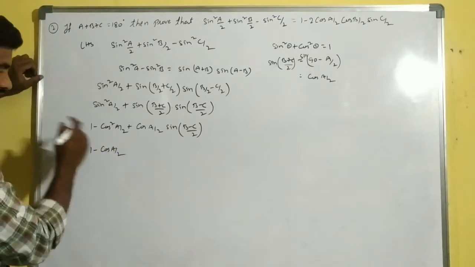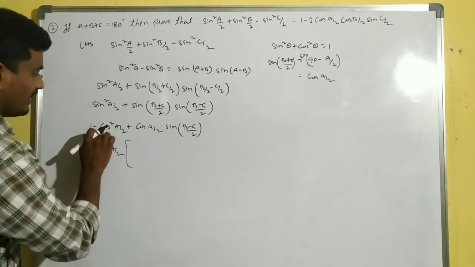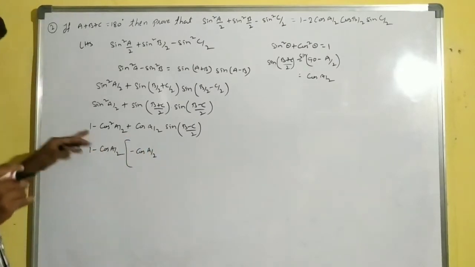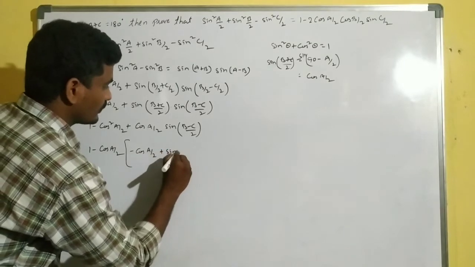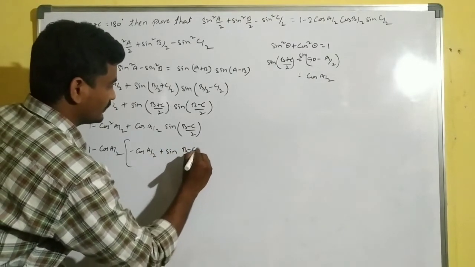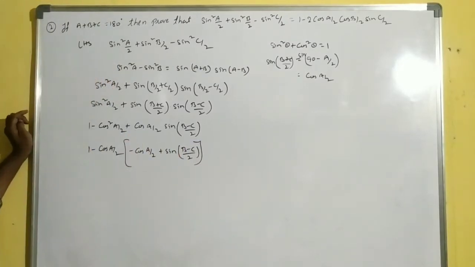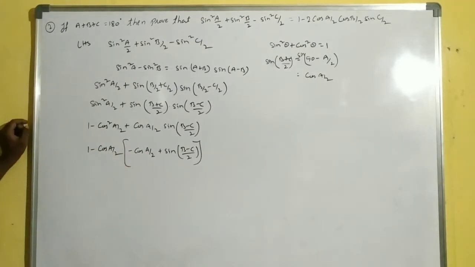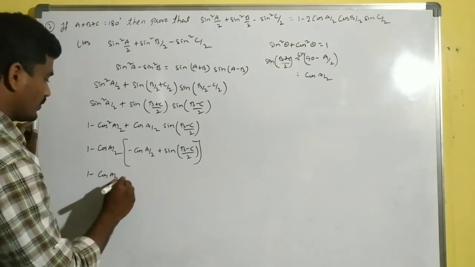From here I have taken cos a by 2 common, and what term is left here? Here, minus cos a by 2, one more term is left here, plus sin b minus c by 2, and it can be written as 1 minus cos a by 2.